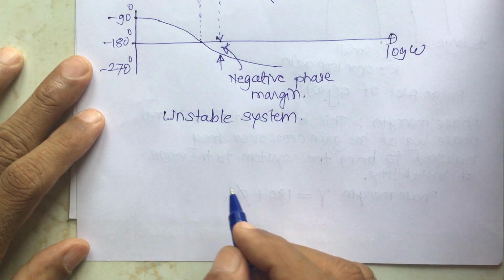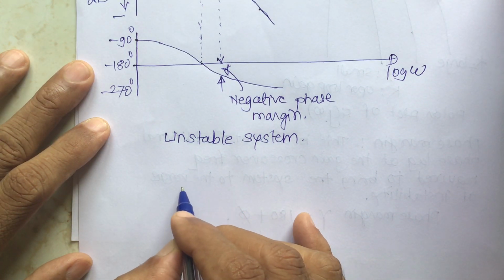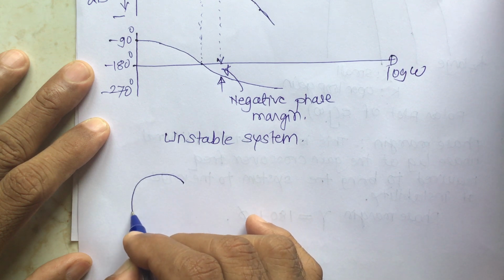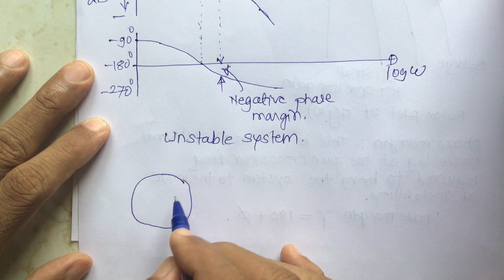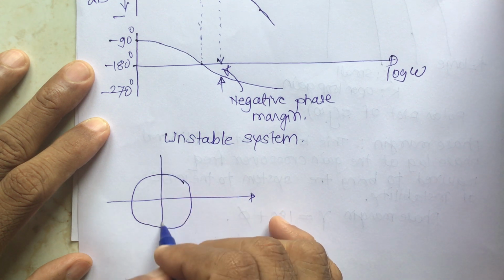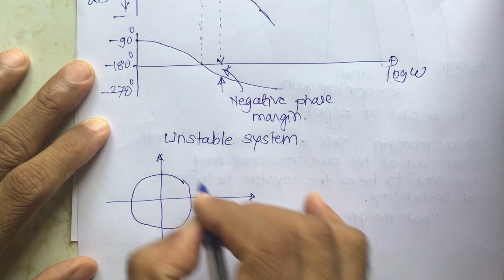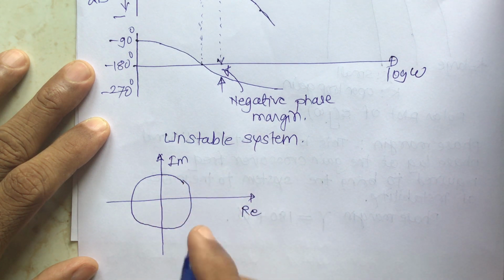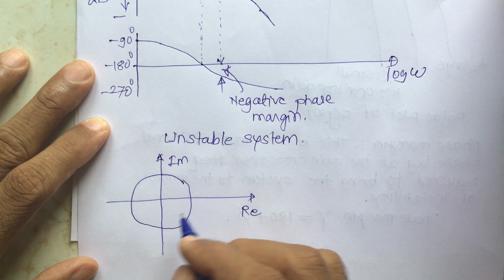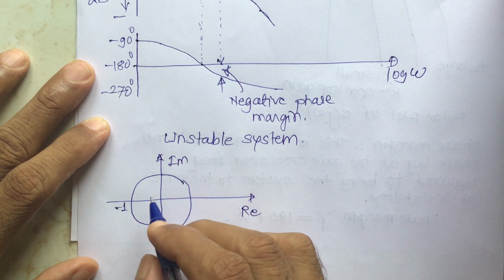For example, suppose like this. This is real part, this is imaginary part, and this is the unit circle.